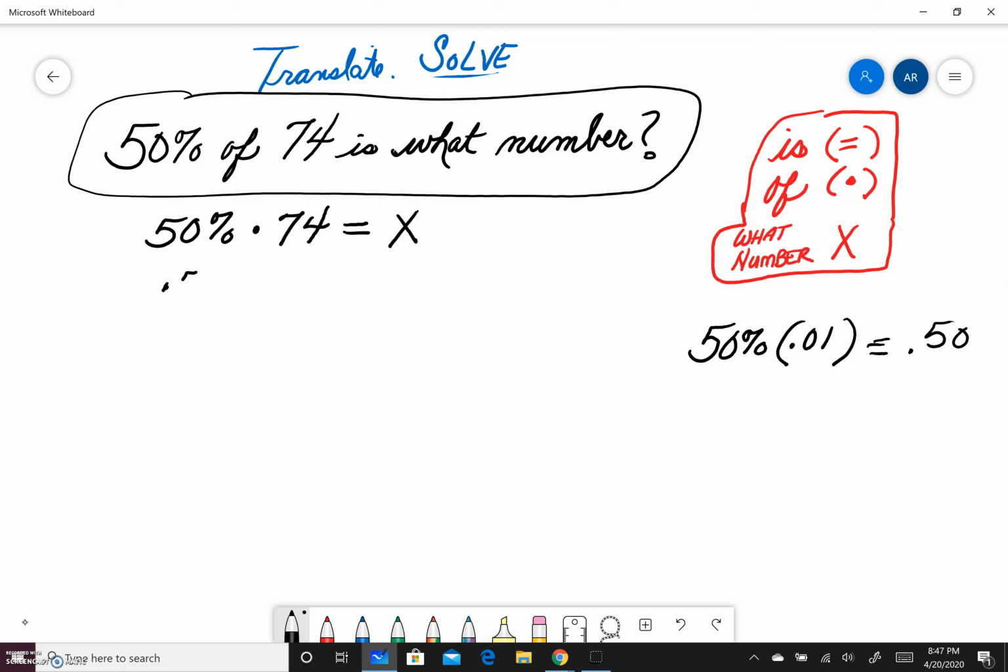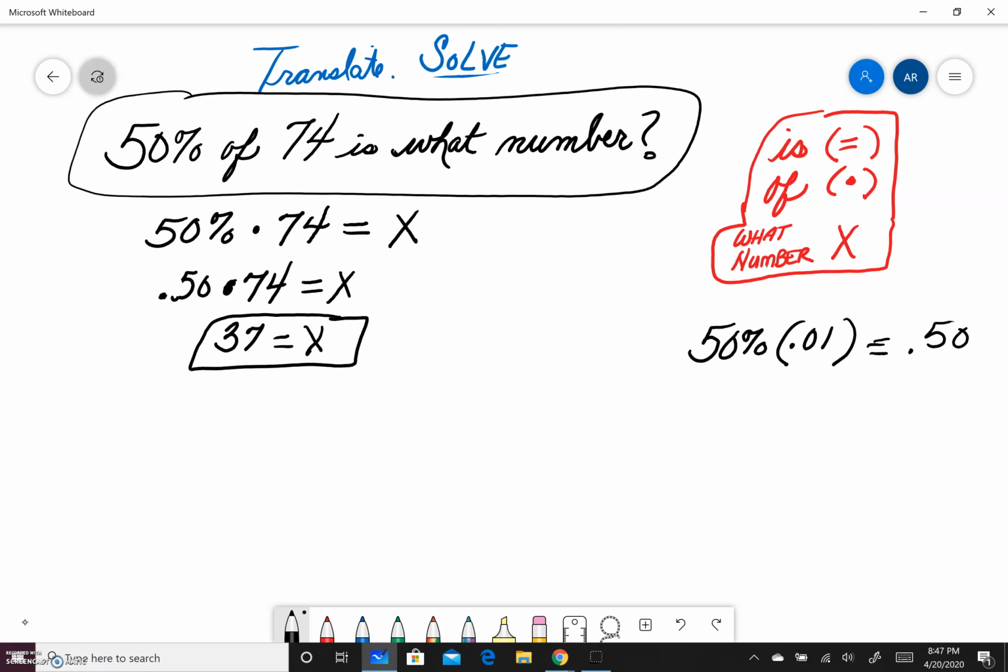So I'm going to write 0.50 times 74 equals x. If you just plug that right into the calculator, you should end up with a result of 37. So 37 equals x. And it doesn't matter what side the x is on. And that's your final answer for that.